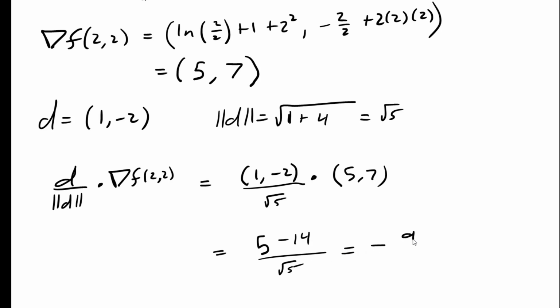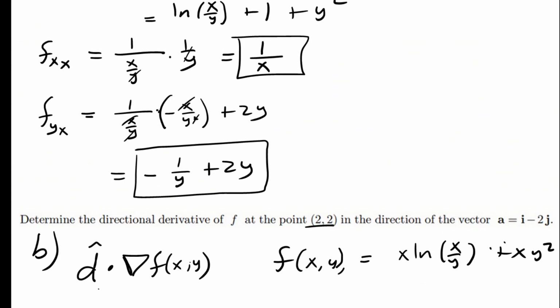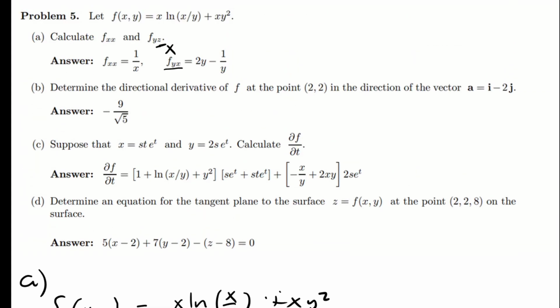That's minus 9 over root 5. And that's my answer. Next question. Actually, let's check if that was right. Yep, minus 9 over root 5. Next part, let's copy that.